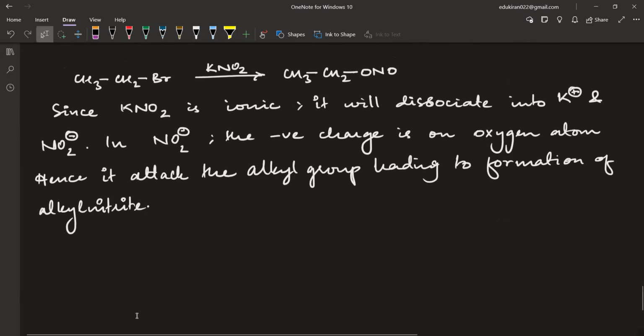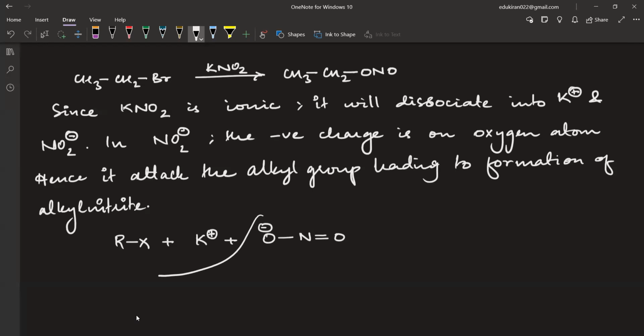You will show it like this: RX plus K positive and ONO negative. This negative charge will attack the R group, and this X will leave, giving RONO plus KX. This is alkyl nitrite.